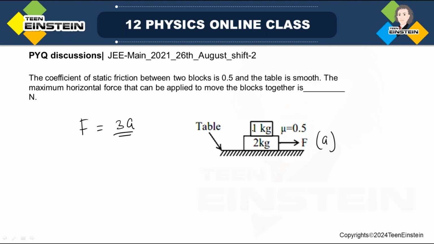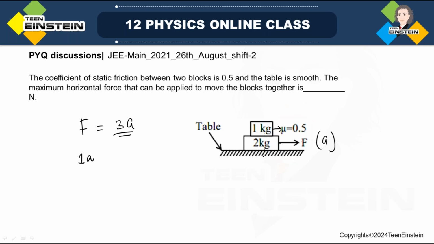But how to get this acceleration a? To get that acceleration, we have to understand one more concept, that these two blocks will be moving together if the force due to this F on this will be 1 into a, right? This much acceleration, this is the mass. So this is the force in the forward direction due to the horizontal force applied here if they are moving together, okay. Moving together means acceleration of both the blocks will be same.